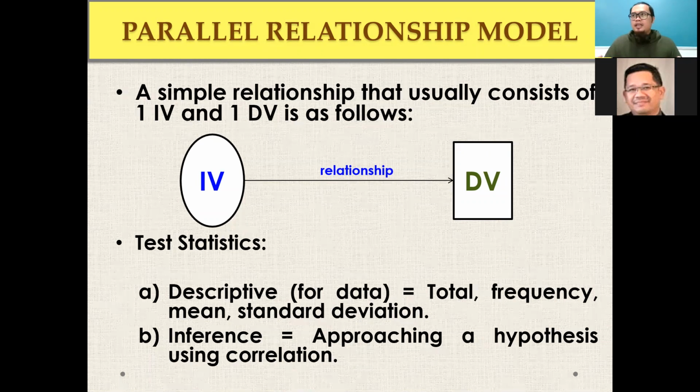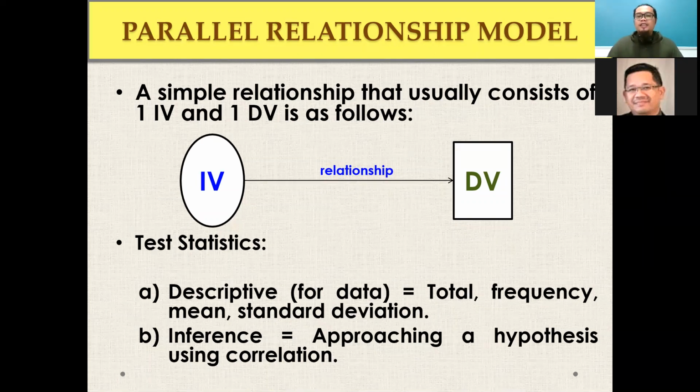From this diagram and framework showing the relationship between IV and DV, for the test statistics, number 1, we can get the result for descriptive. So we can get totals based on the numbers, quantity, frequency, mean, and standard deviation. Also, we can get the result from the inference analysis.